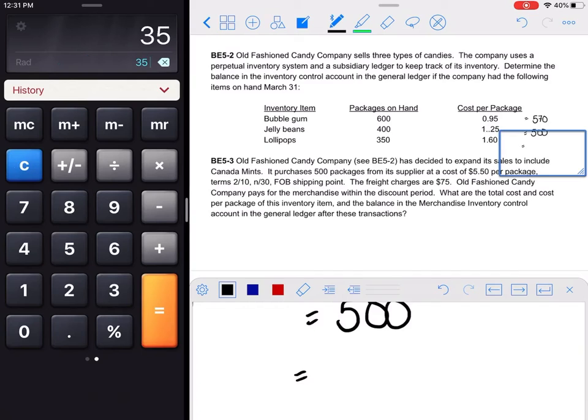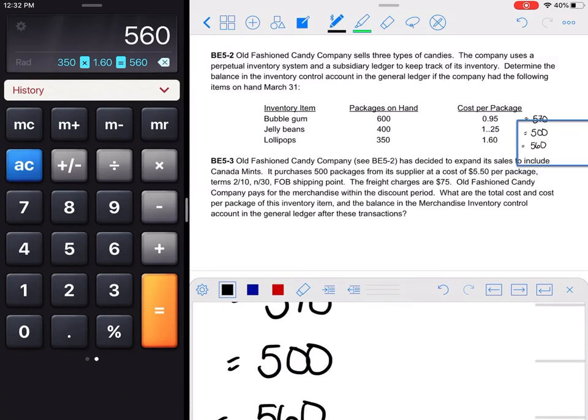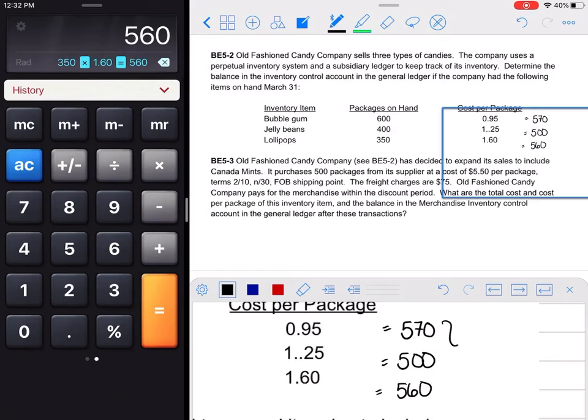And lastly, we had lollipops, 350 units times $1.60 is $560. Adding those 3 together gives me a total value in my control account, so that's the overall inventory, of $1,630.